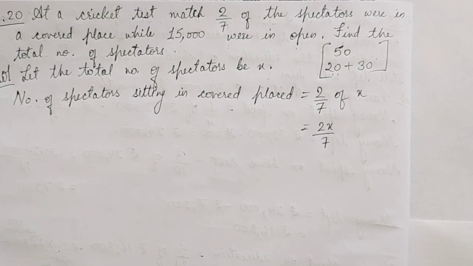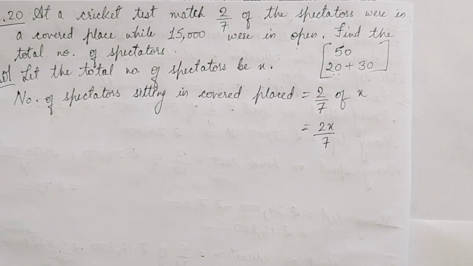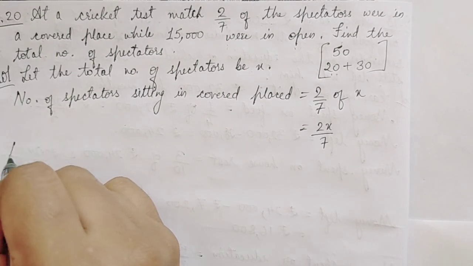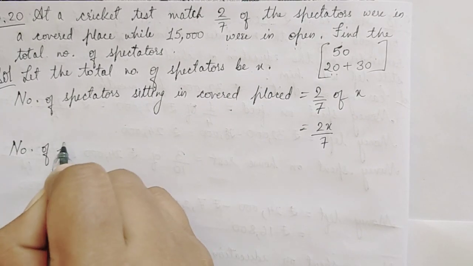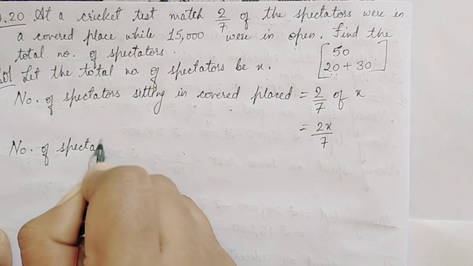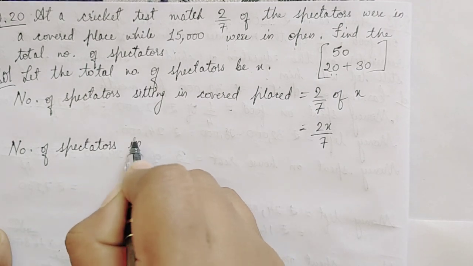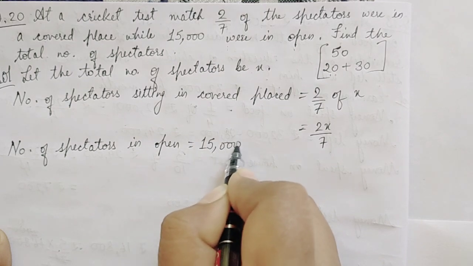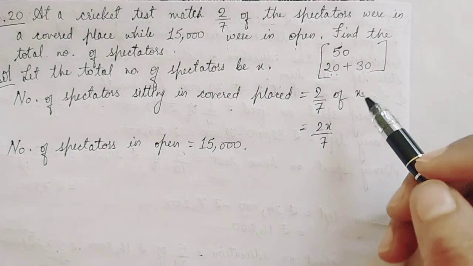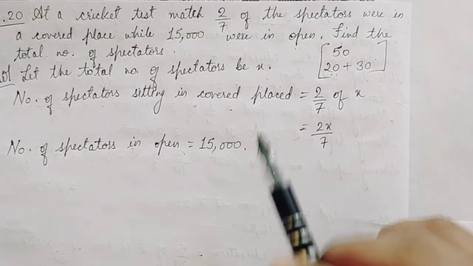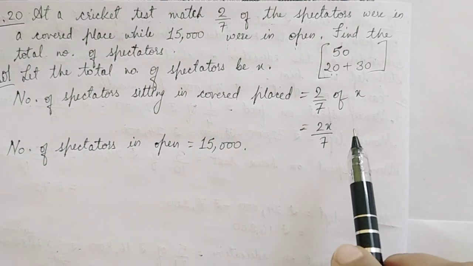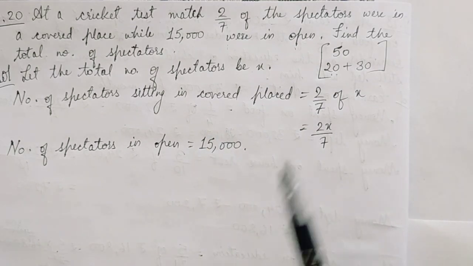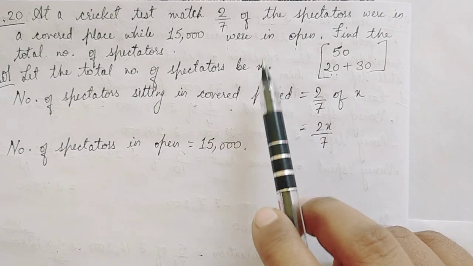Now the number of spectators in open is equal to 15,000. When we add them both, that gives us the total number of spectators x.